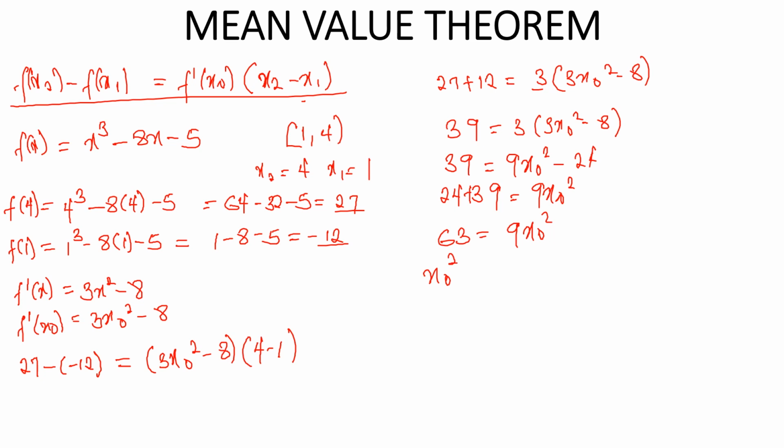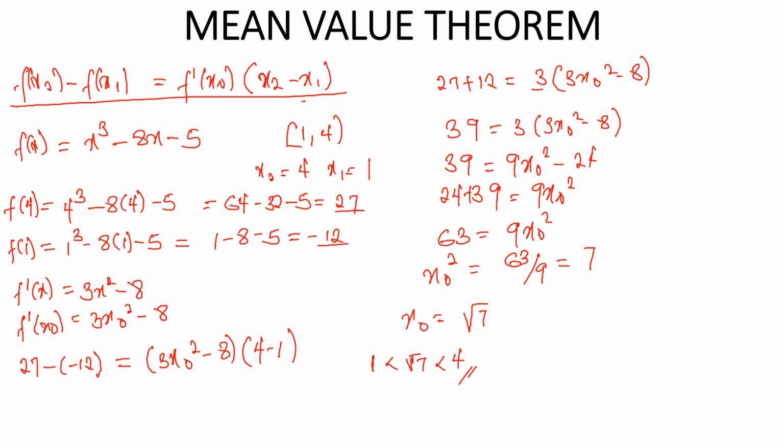Dividing both sides by 9, 63 divided by 9, you have 7. You take the square root of both sides, then you have the square root of 7. So therefore you can say that 1 is less than root 7, which is less than 4. So we discover that it satisfies the mean value theorem.